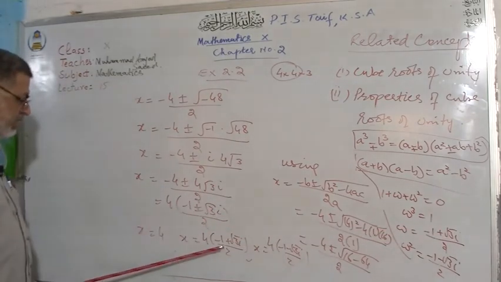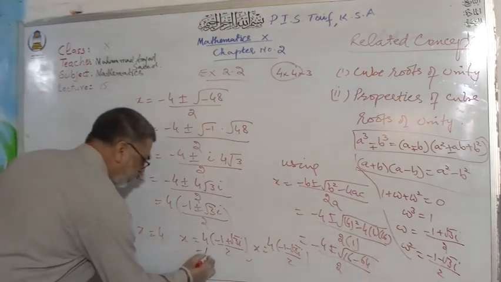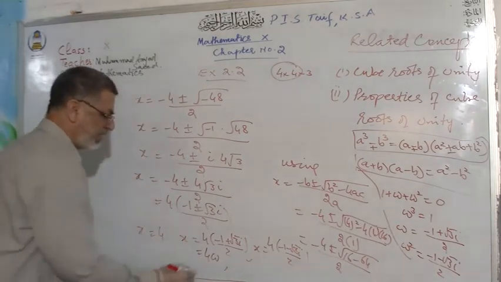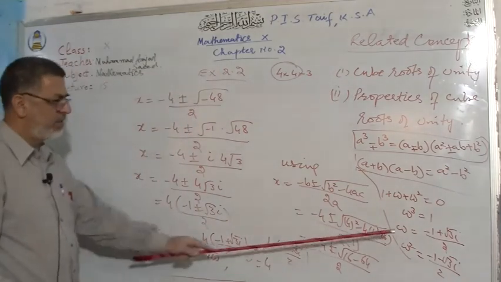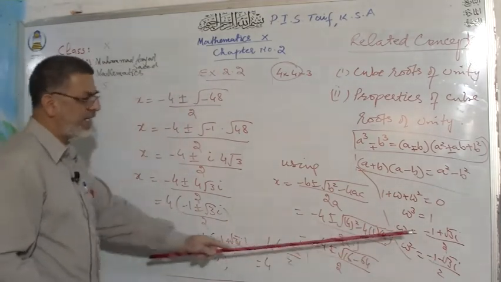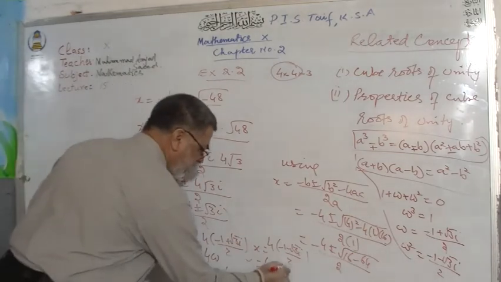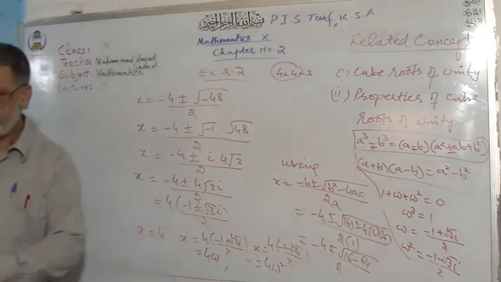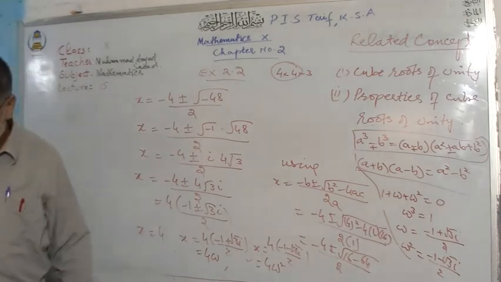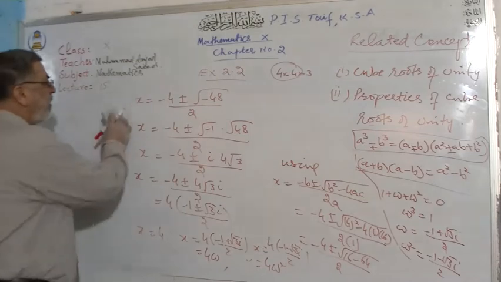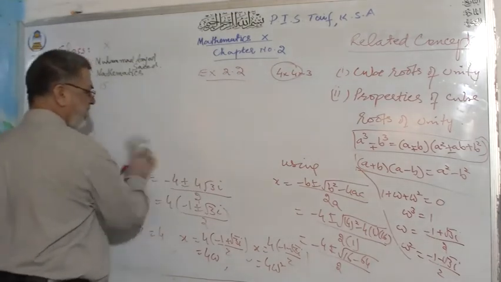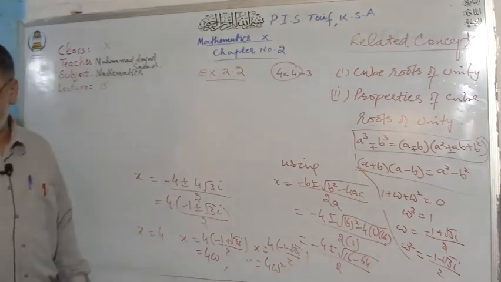That is omega. 4 into omega. And the second one, with negative sign, that is omega square. Hence, cube roots of unity, rather cube roots of 64, are 4, 4 omega and 4 omega square.